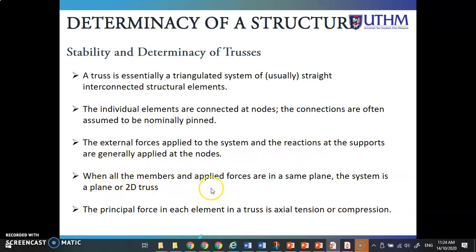And when all the member and applied force are in same plane, the system is called as a plane or 2D truss. Okay, so the principal forces in each element in a truss is axial tension or compression.